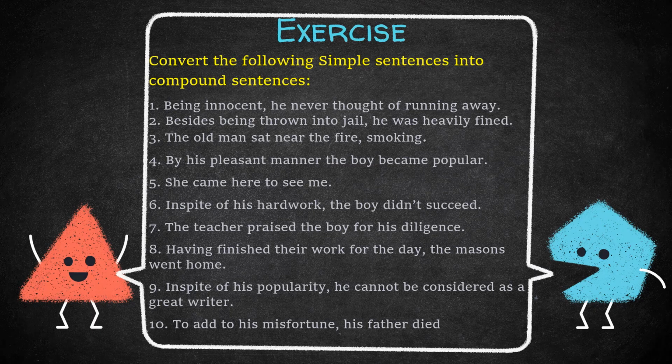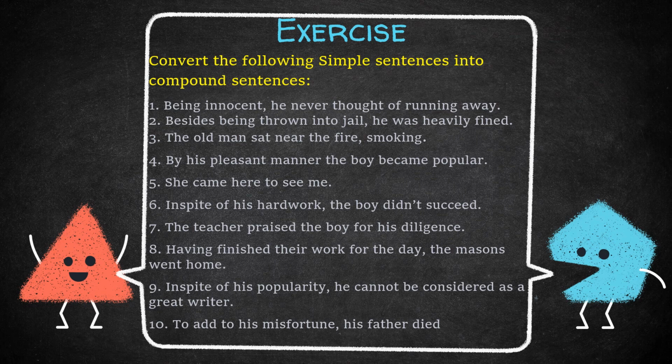Let us look at an exercise on converting the simple sentences into compound sentences. First, being innocent, he never thought of running away. Answer: he was innocent, so he never thought of running away. Second, besides being thrown into jail, he was heavily fined.